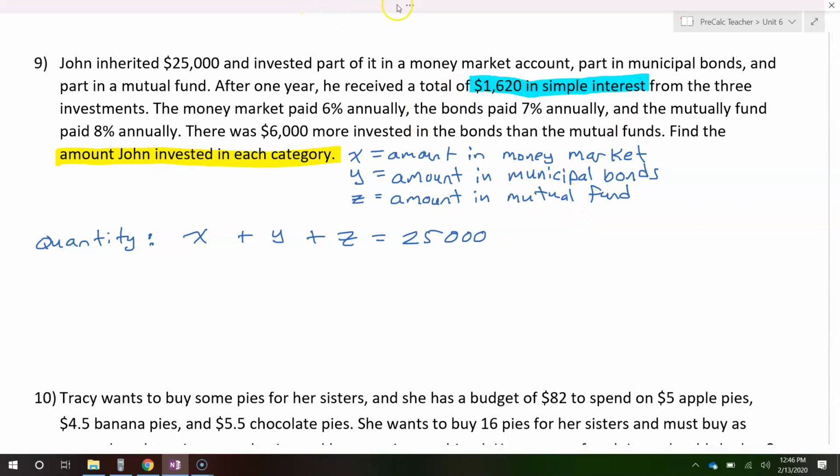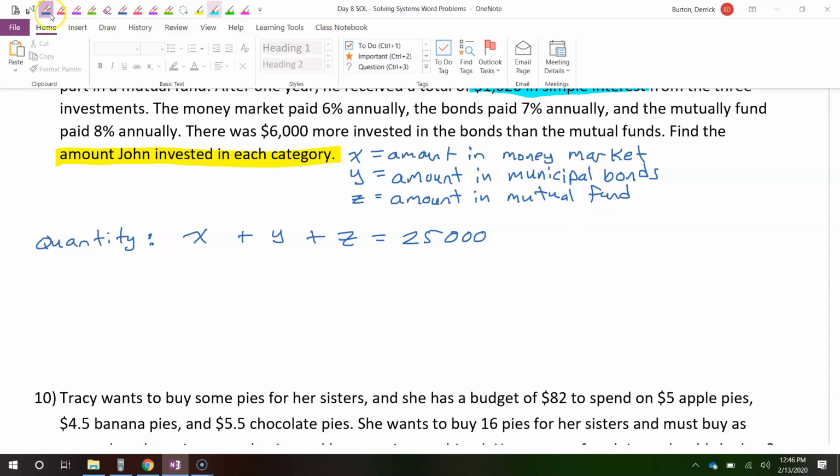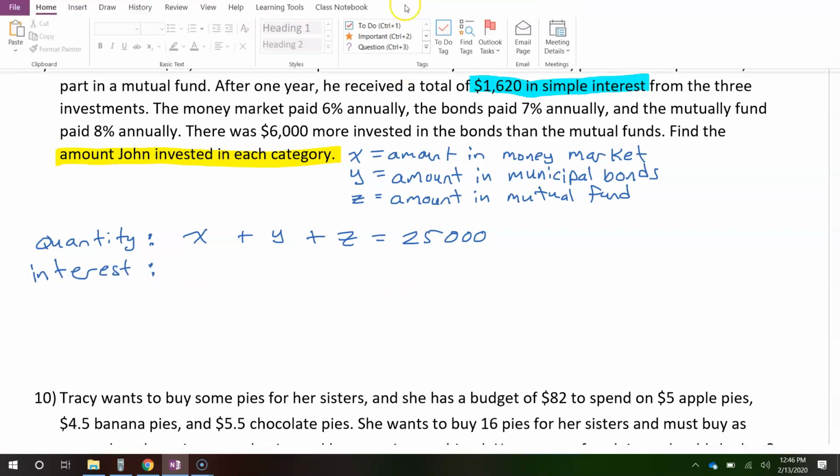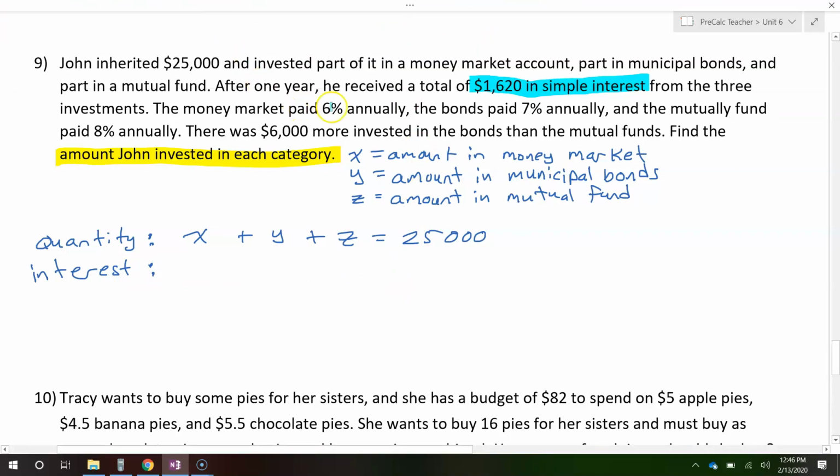So let's have an interest equation. They tell us the interest rate for each type of account. It's going to be 6% from the money market, the bonds are 7%, and the mutual fund is at 8%.